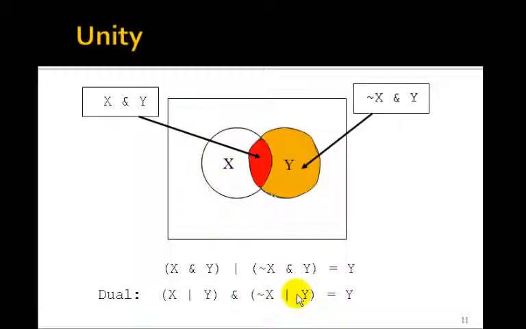What's not x or y? Well, not x is everything outside of x plus everything in y. Well, that's everything except this little area here that has the x in it. If you AND that with x or y, that's the overlap. Well, what's the overlap? Well, it's everything x or y except what's in here. Well, that's just y. You can draw it out step by step to verify that.